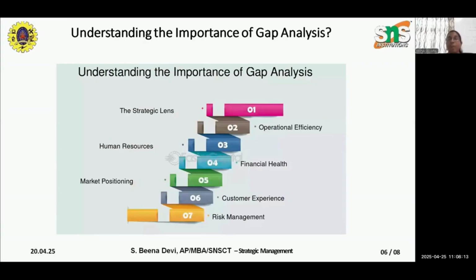Next will be operational efficiency. The third part will be the resources available, either human resources or material resources, and what kind of resources an effective organization has. The fourth one will be financial health and market positioning. Then comes customer experience and risk management. That is why it is very important to understand gap analysis.